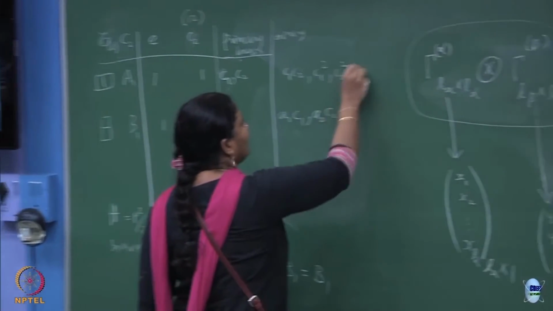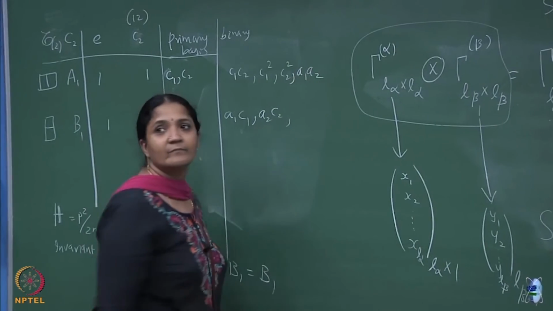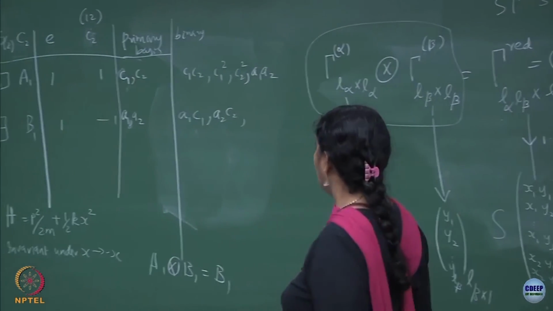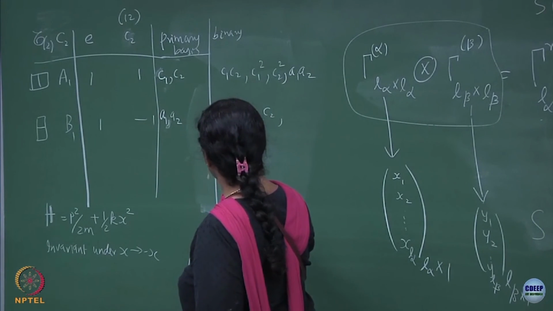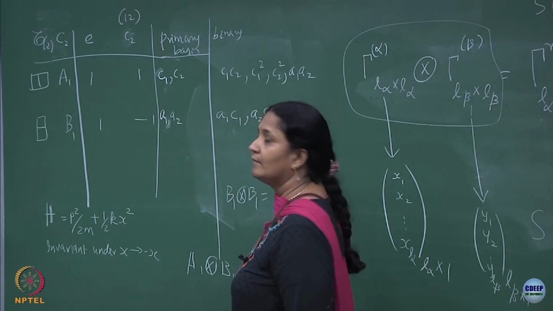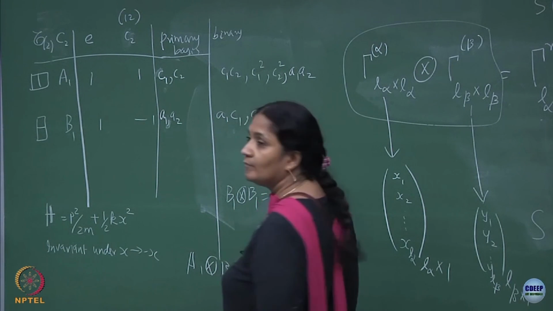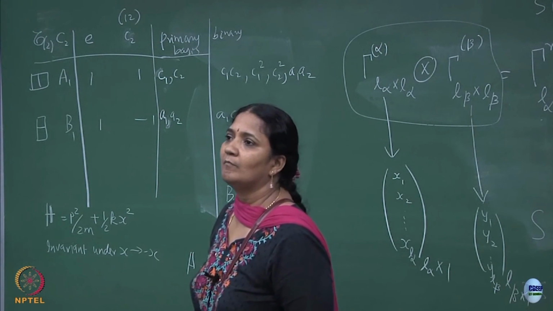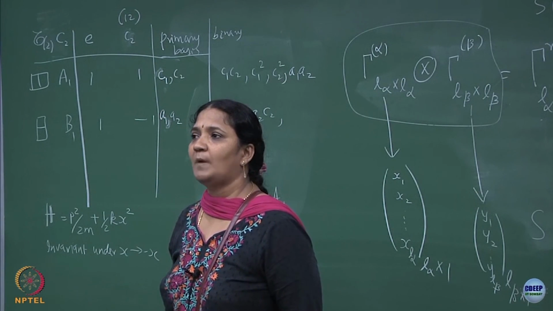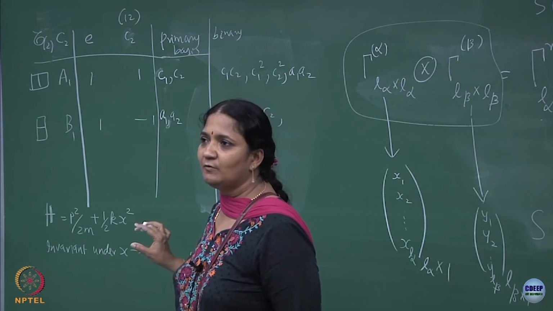A1 A2 can go here. Why can it go there? Because B1 times B1 is A1. Clear? Taking the simplest example to explain it to you.